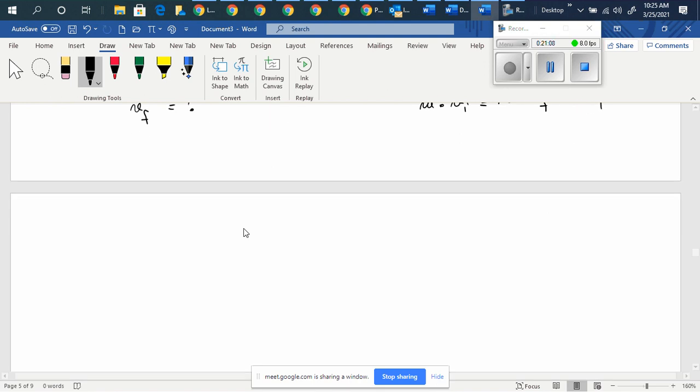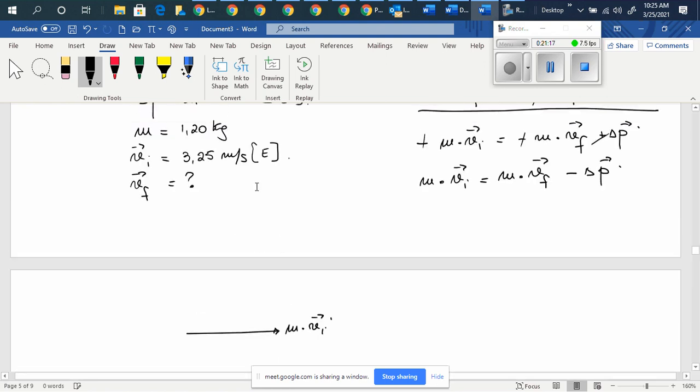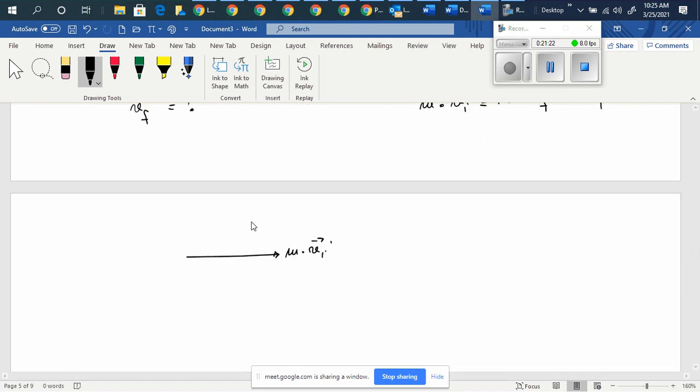Now, when we do this graphically, what we have is mass times initial velocity is something going east. Okay, so this is mass times initial velocity. And then what we have for the change of momentum is north. So change of momentum is north, but we want the opposite of change of momentum, so it will be negative delta P. So you see that mass times final velocity is this vector here.